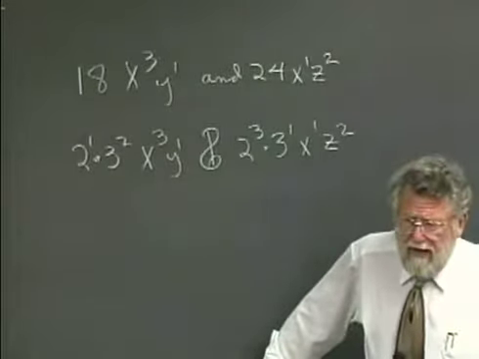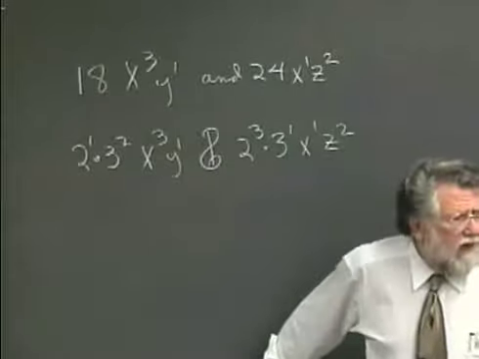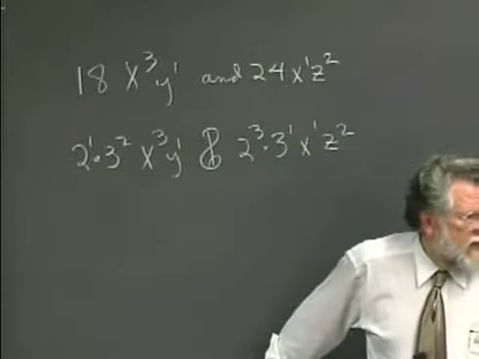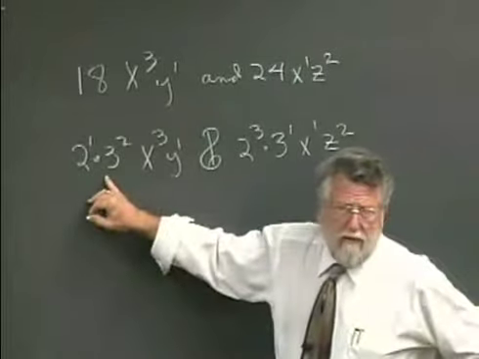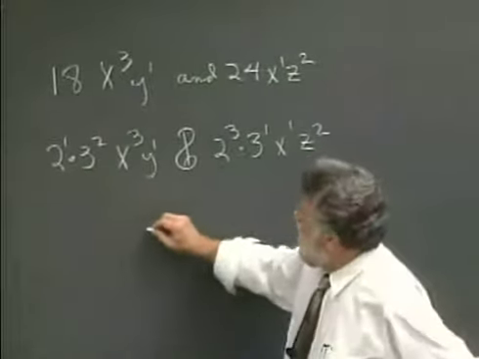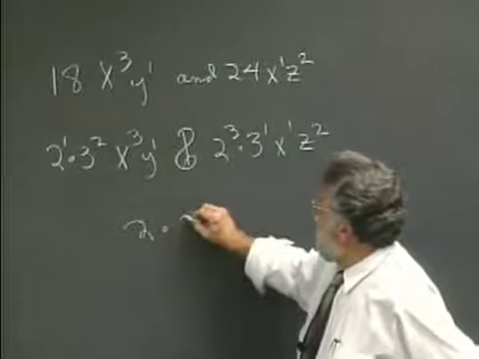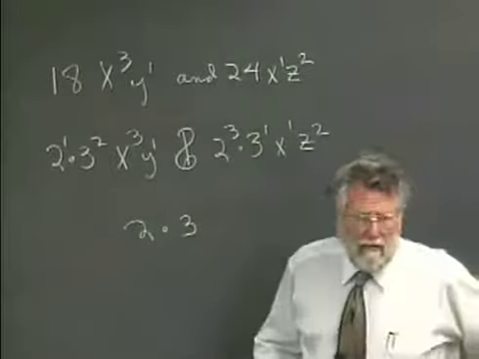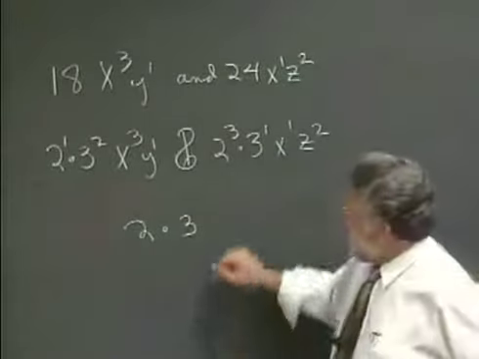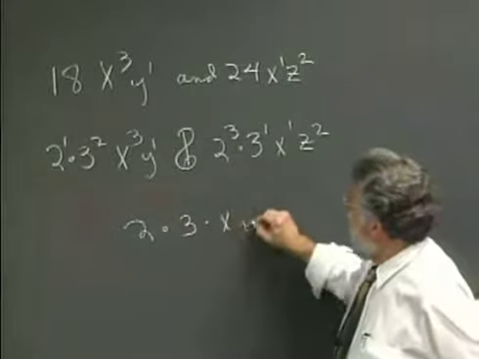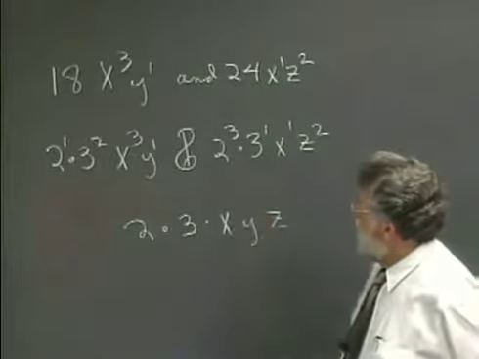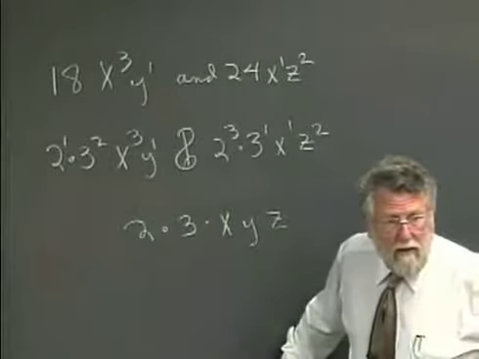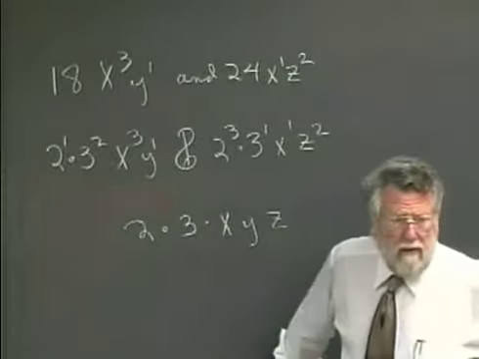Because if you're comfortable with that, how did I find whether we called it an LCD or LCM? We said you write down every prime you used. Okay, so we had 2's and 3's. But this time, any variables you see, which would be x, y, and z, without the exponents for the moment.